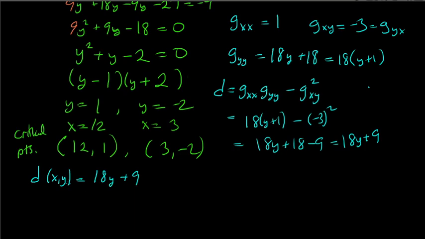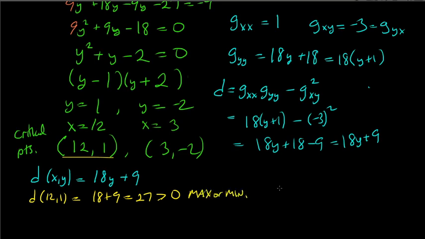All right. So now let's take the first critical point where y is 1. So that's 18 plus 9, which is 27. So d is positive here, right? And remember, if d is positive, it's not a saddle point. It's a maximum or minimum. Which is it?